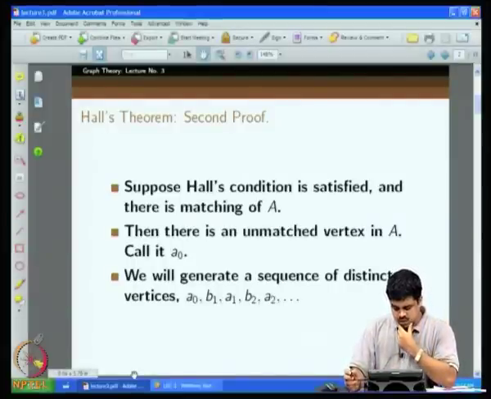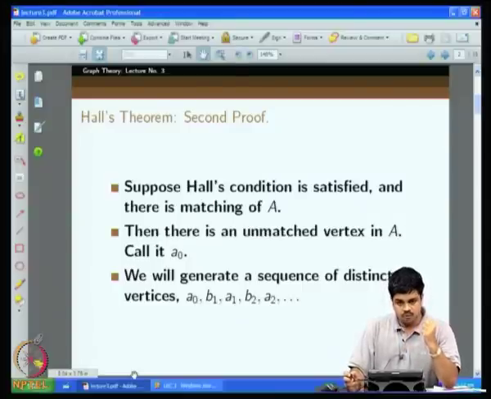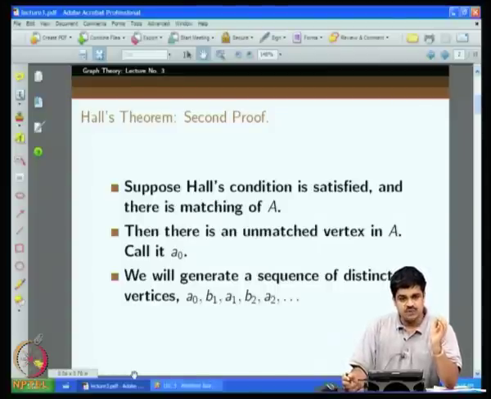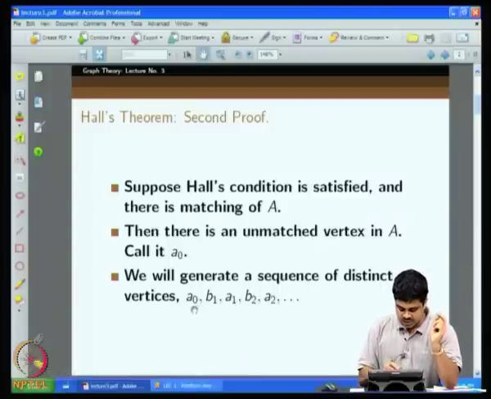We are going to go by contradiction. Suppose this theorem is not true, that means Hall's condition is valid, but we do not have a matching that matches every vertex of A. In other words, there exists at least one vertex of A which is unmatched. Let us call it A0. Our plan is to construct a sequence of vertices, say A0, B1, A1, B2, A2 like that.